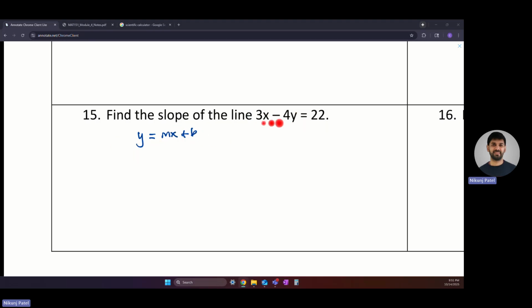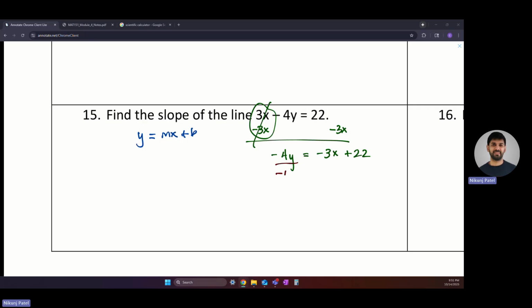So to do that, we would solve this equation for y. We'd subtract 3x from both sides, which would leave us with -4y equals -3x plus 22.